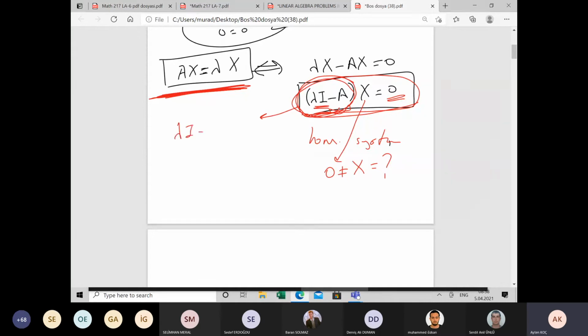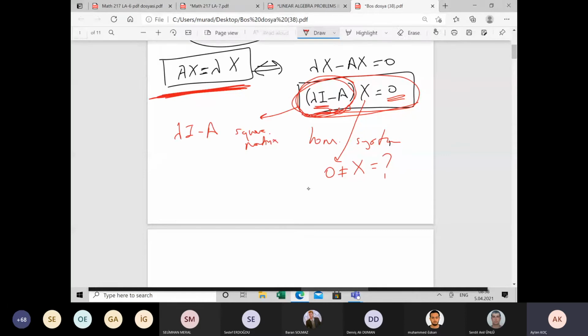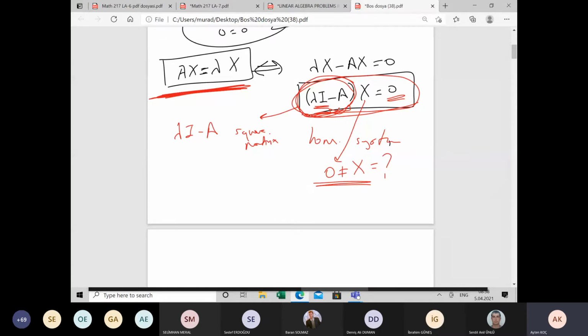Our aim is to find the non-zero solution, the non-trivial solution. So the question is how to check whether any homogeneous system has non-trivial solutions if the coefficient matrix is a square matrix. How to check whether it has a non-trivial solution or not?